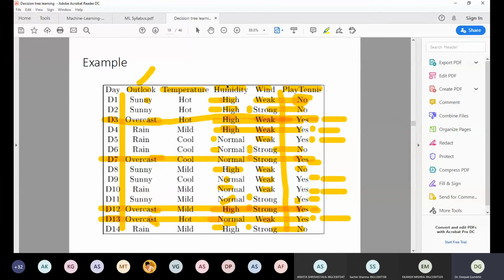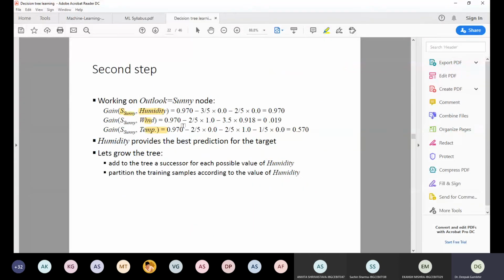Now we are left with temperature, humidity and wind. If we compute the information gain with sunny and humidity, this would come out to be 0.97. For the wind, this would come out to be 0.019, and for temperature with sunny, this would come out to be 0.570.